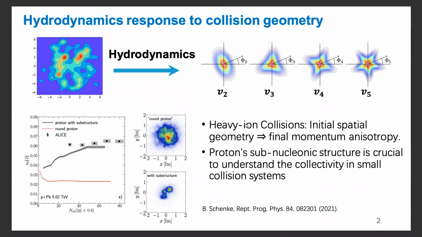In the heavy-ion community, the standard model to describe the collectivity is hydrodynamic evolution. Here is the initial state entropy or energy density profile after the collision of two heavy ions, and after hydrodynamic evolution it translates the initial state anisotropies into final state momentum. From the momentum distributions of final state particles, you can do the Fourier decomposition and get different flow harmonics, such as elliptic flow, triangular flow, and also V4, V5.